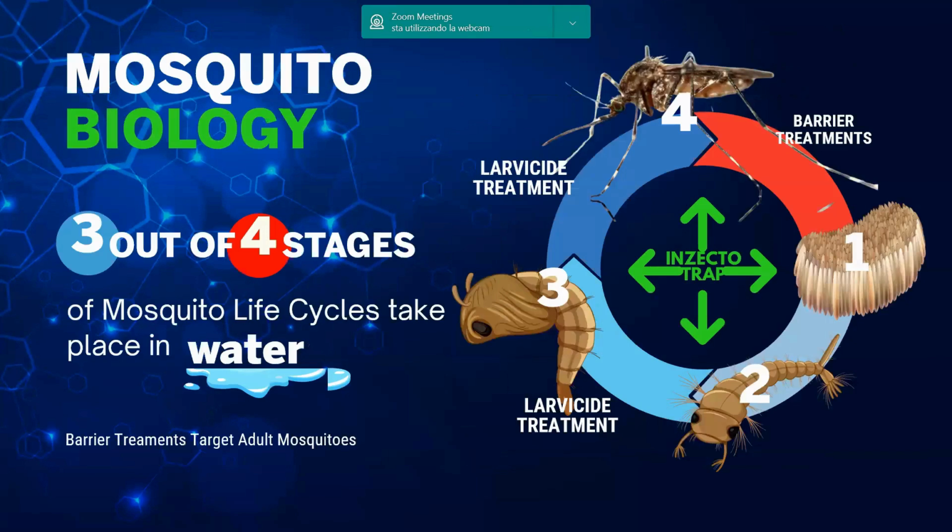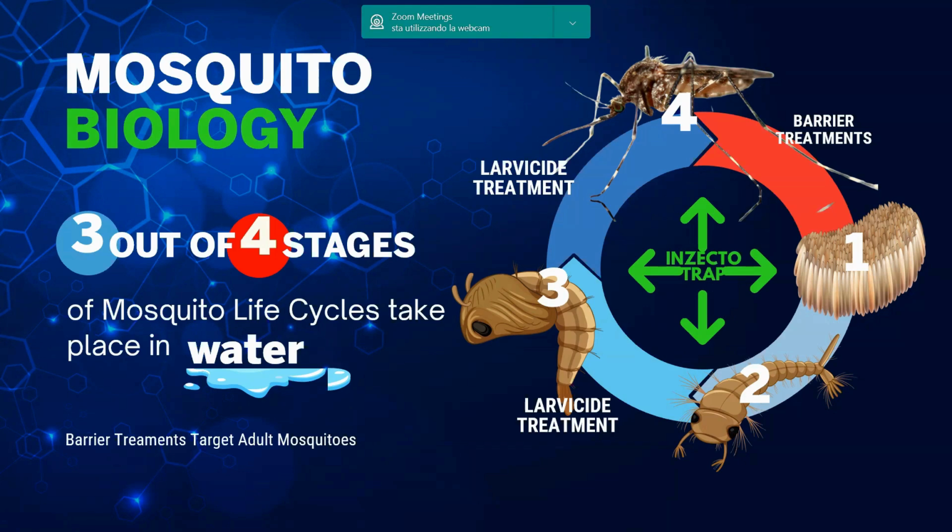When it comes to the biology, maybe a lot of you will know this very well, but it might be worth repeating the concept. The mosquito goes through development in four stages: eggs, larvae, pupae, and adults. Three out of four stages of the metamorphosis take place in the water.